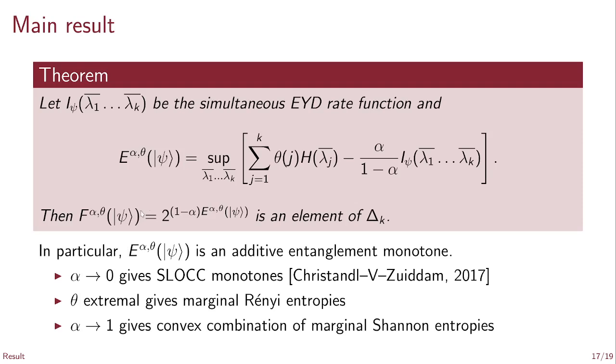So in particular, if we go back to the logarithmic version, that would be an additive entanglement monotone. So additive in the sense that its value on psi tensor phi will be equal to the sum of its value on psi and its value on phi.